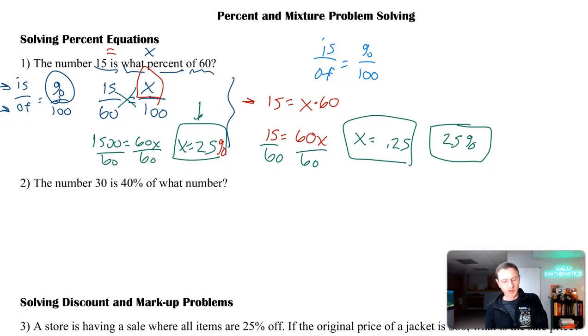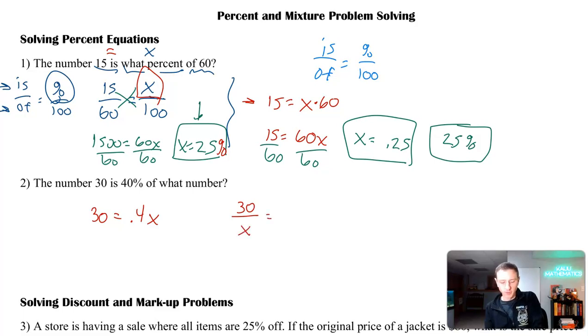Number 2, the number 30 is 40% of what number? So the number 30 is 40%, and I'm going to convert that to a decimal, of what number? Now you don't have to do that; you could set up a proportion. I'll just show you the proportion. So 30 is 40% of what number?